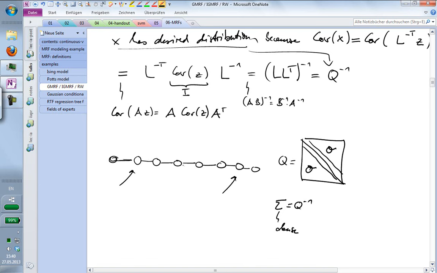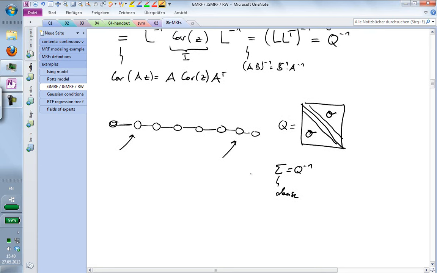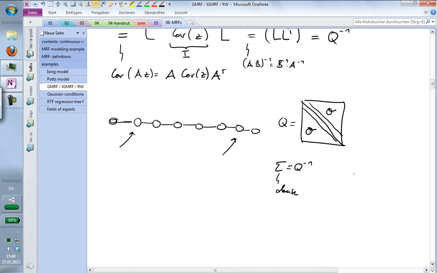But I only had to specify these interactions between neighbors in terms of the precision matrix. And by the way, if you now want to model long-range interactions, which is what we often want to do in image analysis, then we have to consider intrinsic Markov random fields, or nearly intrinsic ones.